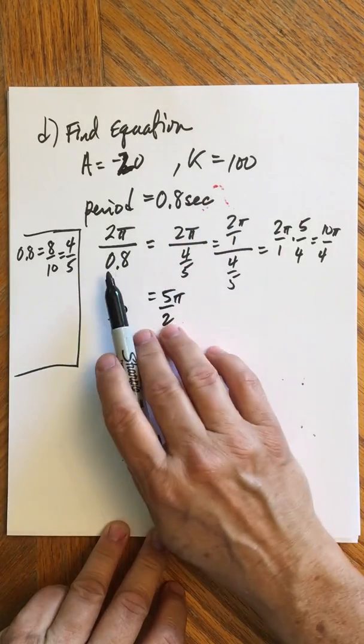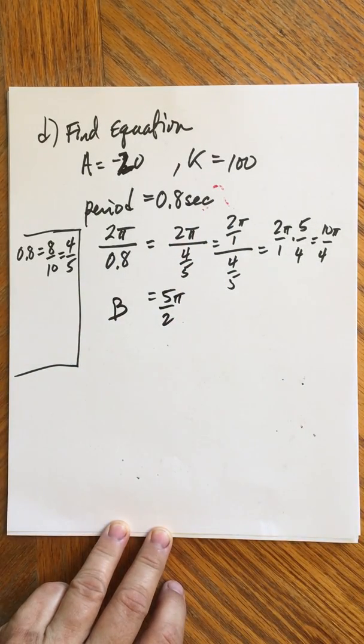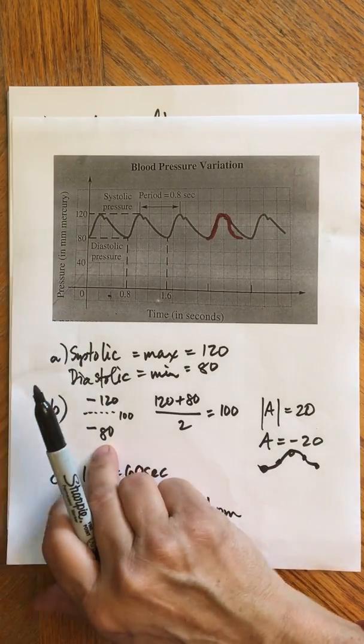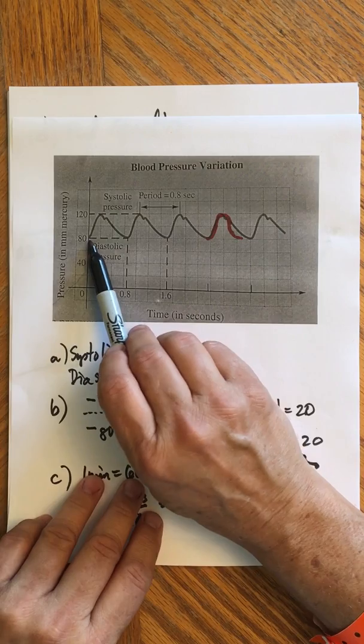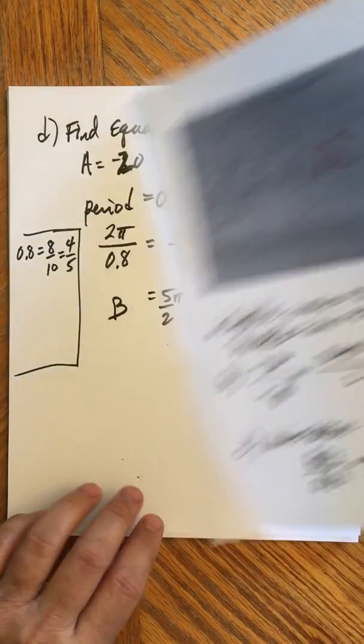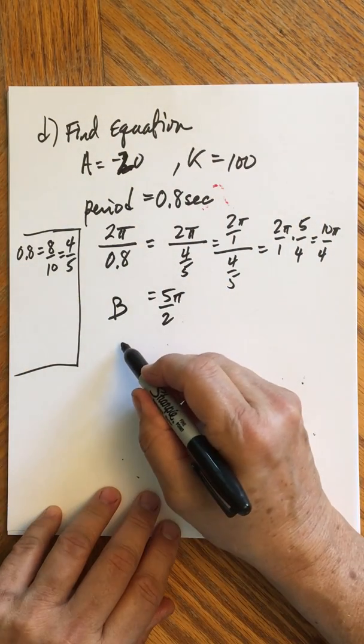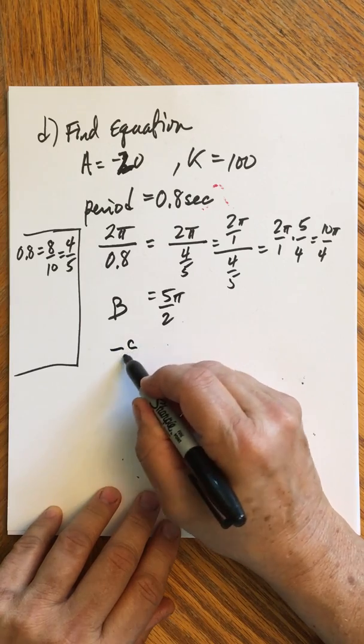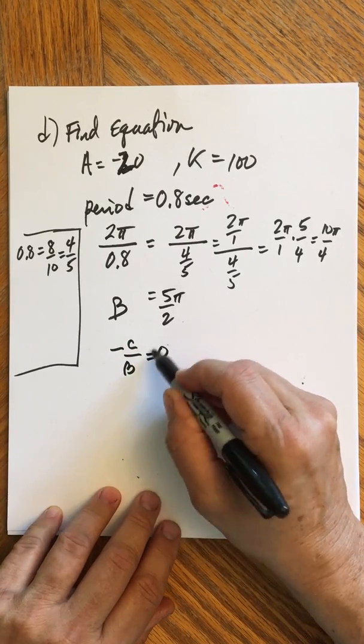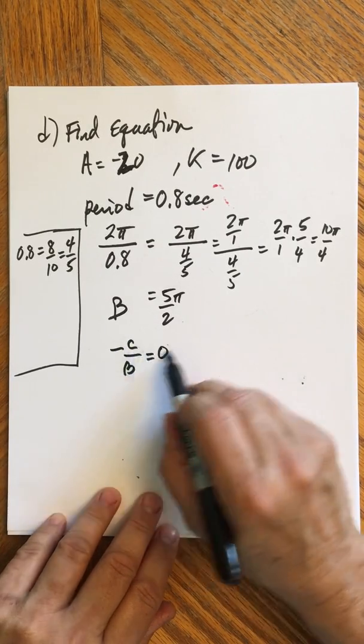And then C, we know, starts at 0. There is no phase shift. It is 0 because you're already at the min. All right, so C is 0. Or you could do this, negative C over B is 0, and then no matter what you put in here, you're still going to get C equals 0.